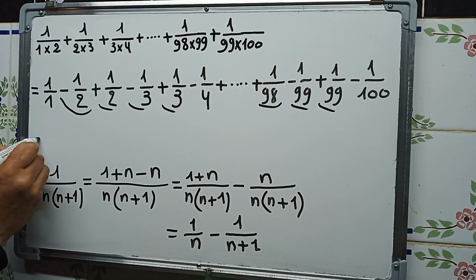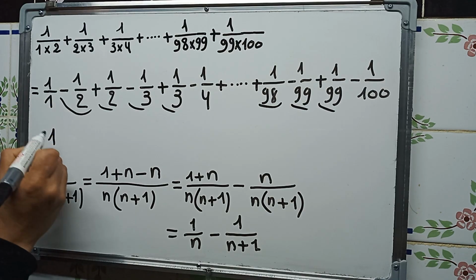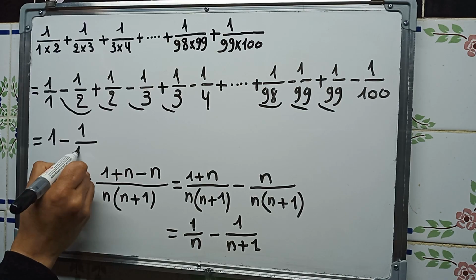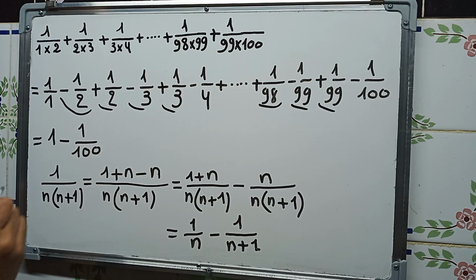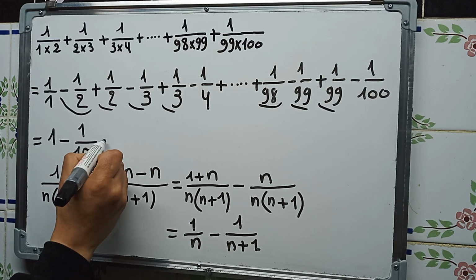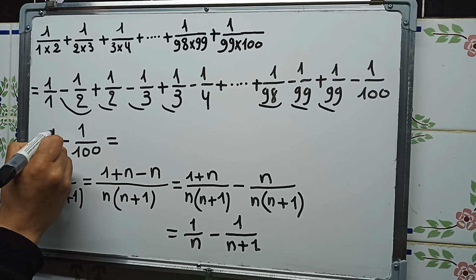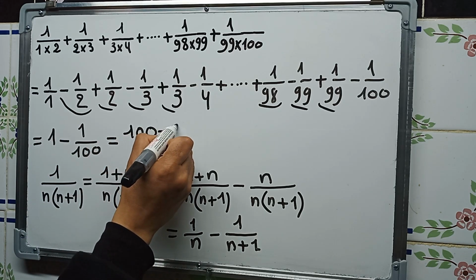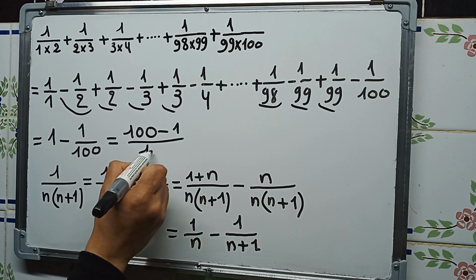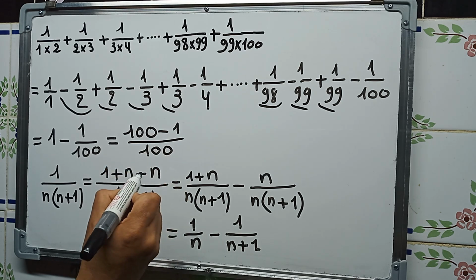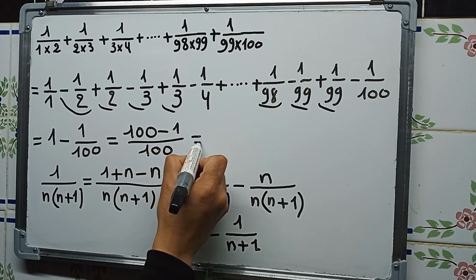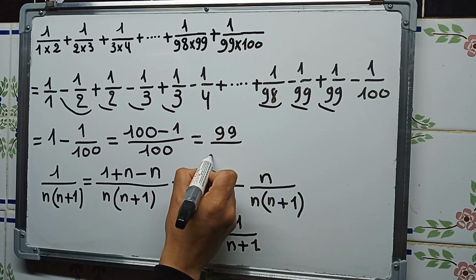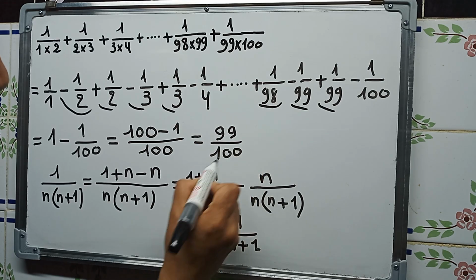So the remaining is just 1 minus 1 over 100. And of course it's equal to 100 over 100 minus 1 over 100, which is equal to 99 over 100.